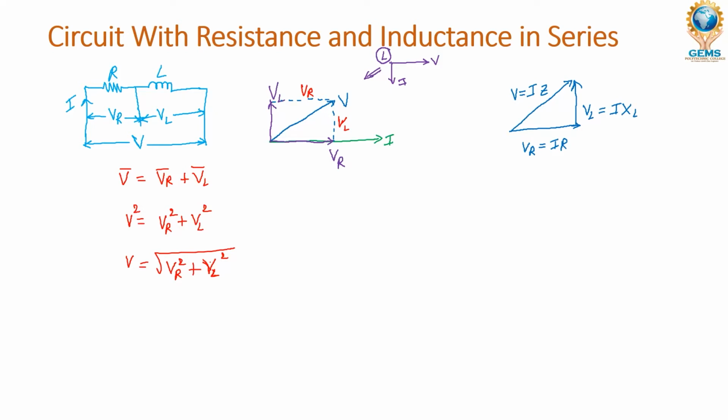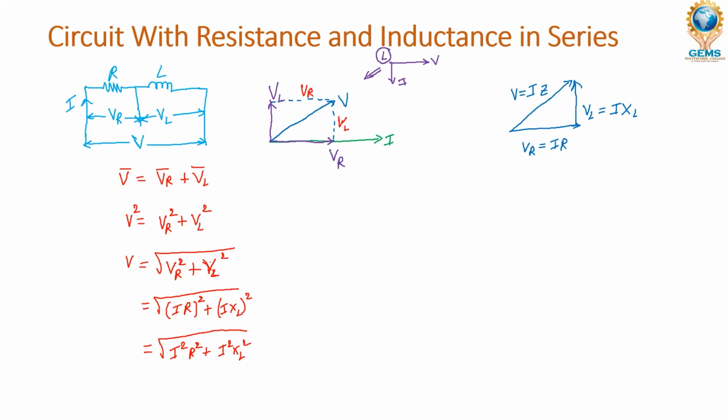If you see the VR value, what is VR? VR equals IR, so IR whole square plus VL equals I into XL, whole square. That gives I square R square plus I square XL square.